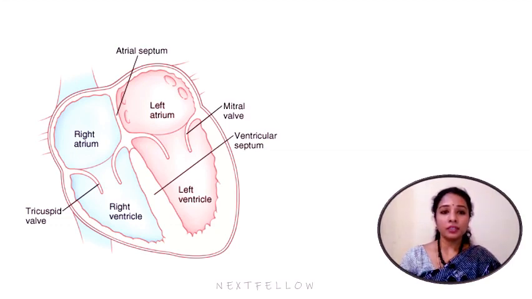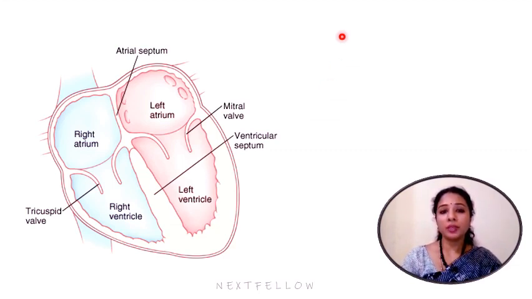So here we can see an image of a normal heart showing the 4 chambers. The primitive heart tube has a single lumen, and this lumen is partitioned to form 4 definitive chambers by 4 septa.